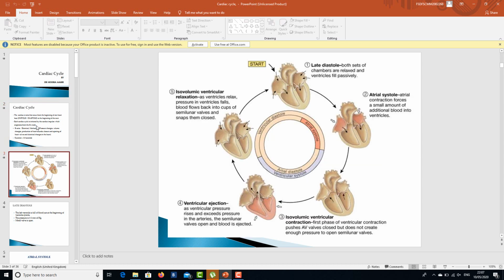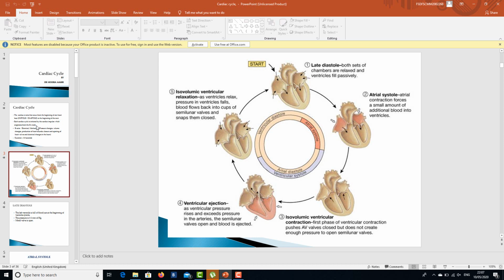Now let's see it. You can see the different segments, the different aspects which make the cardiac cycle. At the start of the cardiac cycle, there is the late diastole. Both sets of chambers are relaxed and the ventricles are being filled passively.